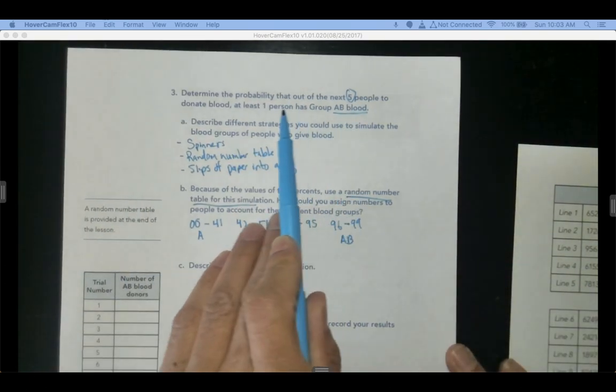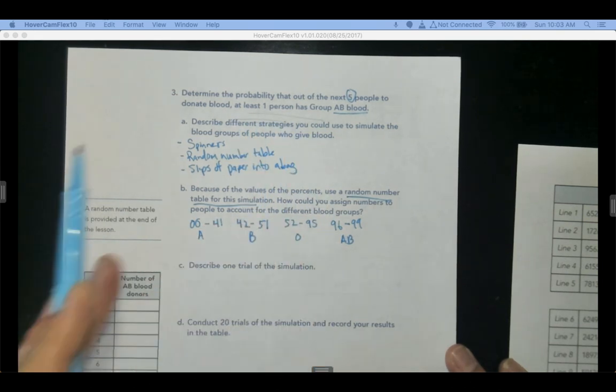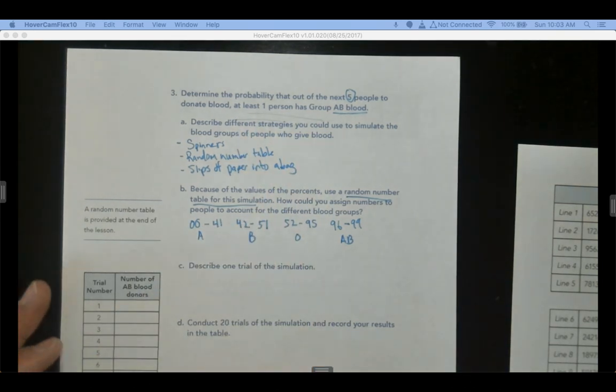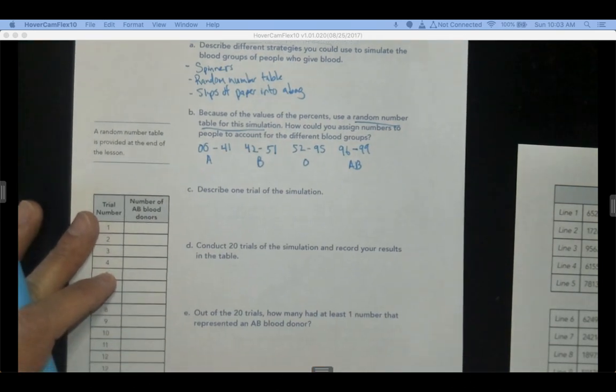5 people, and we want at least one person that has type AB blood. Okay? Describe one trial of the simulation.